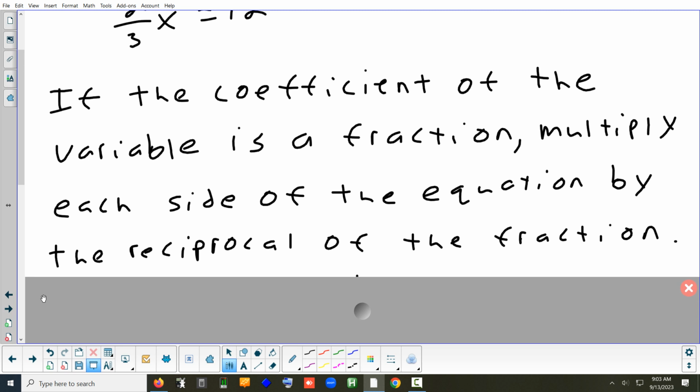And we're going to practice a little bit now with fractions and then finding the reciprocal. If you have a number in front of a variable and it's a fraction, we're going to multiply each side of the equation by the reciprocal.